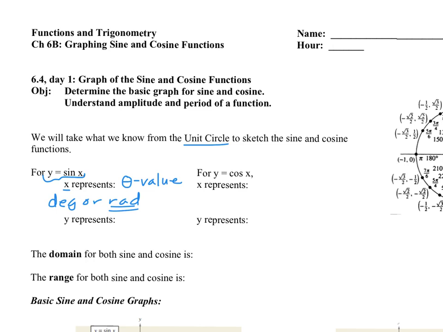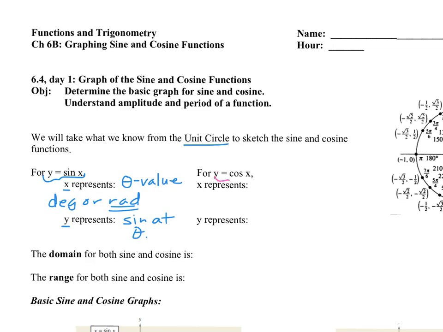For sine, the y coordinate is going to represent sine at that theta value. And that's where the values from the unit circle come in. Remember, on the coordinate system, sine represented the y-coordinate on the unit circle, and we'll see how that transfers to our graphs down below.